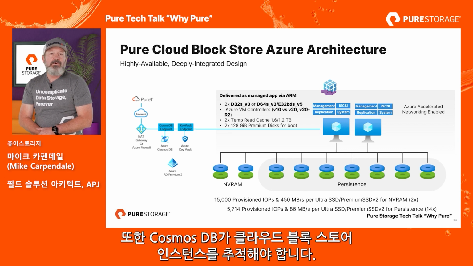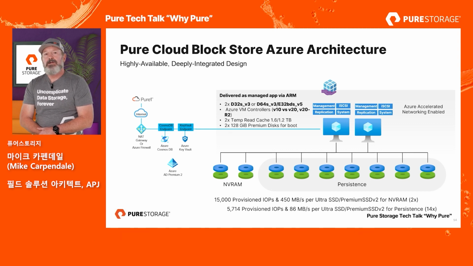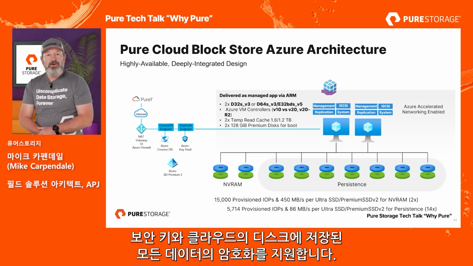There's a requirement for Cosmos DB to keep track of the Cloud Block Store instance, the specifications of it, the virtual machine, controller types, the Purity operating system level, and the disk sizes as well. We also use Key Vault to help with the security keys and the encryption at rest of all of the data on those disks in the cloud.